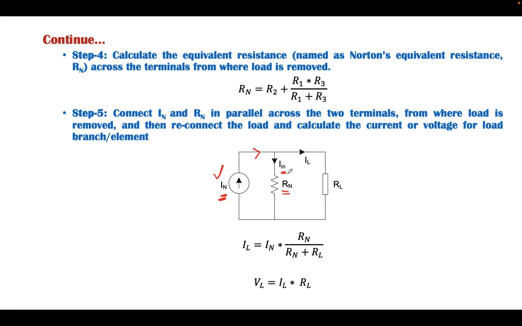One part flows through RN, the internal resistance, and the other flows through the load resistance. Then we can apply the current division rule to calculate IL. IL is equal to the total current into the resistance of the opposite branch, that is RN, divided by the sum of resistances. Once IL is known to us, we can calculate the voltage across the load.